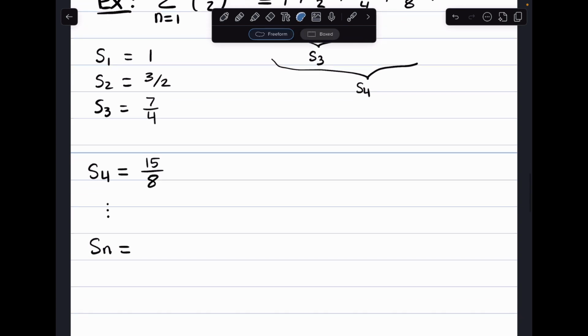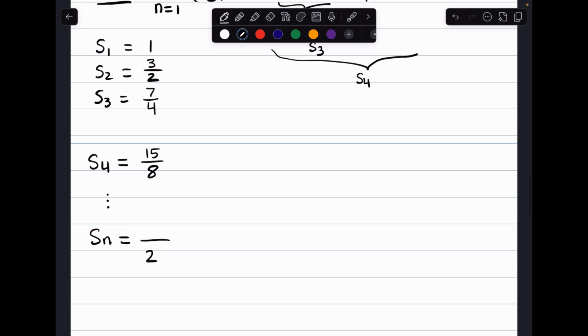And so we can look at what's happening with our sequence of partial sums and find that our general formula for S sub n, in our denominator we have 1, 2, 4, 8, and so on and so forth. So it's going to be 2 to the n minus 1. And up in the numerator, we have 1, 3, 7, 15. If we think about 2, 4, 8, 16, that looks like 2 to the n, and then we're just subtracting 1.